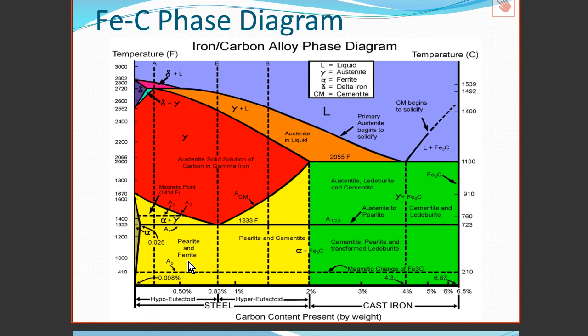If we cool this eutectoid slowly, we get pearlite. If you transform at a lower temperature, you can get bainite. If you cool austenite, you just cool it right down, there's no time for this eutectoid reaction. It turns into martensite, a very hard material.